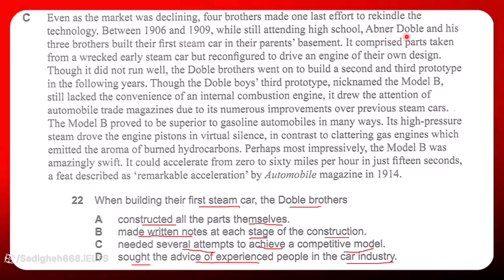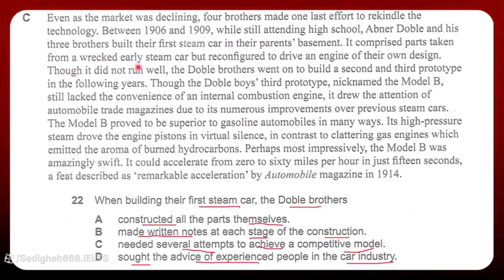A. Bender Double and his three brothers built their first steam car in their parents' basement. It comprised parts taken from a wrecked early steam car but reconfigured to drive an engine of their own design. Though it did not run well, the Double brothers went on to build a second and third prototype in the following years.